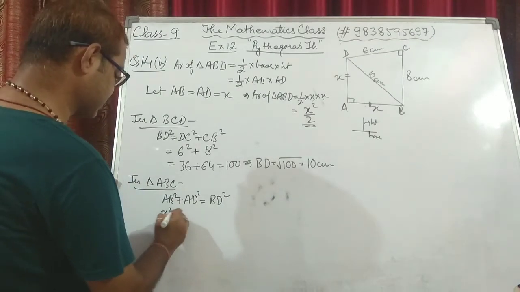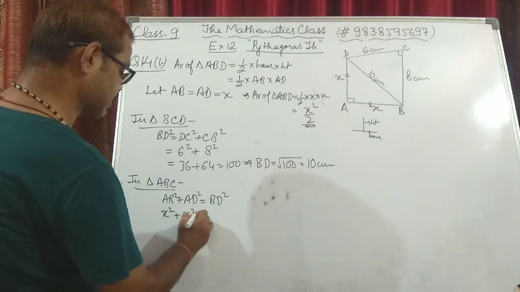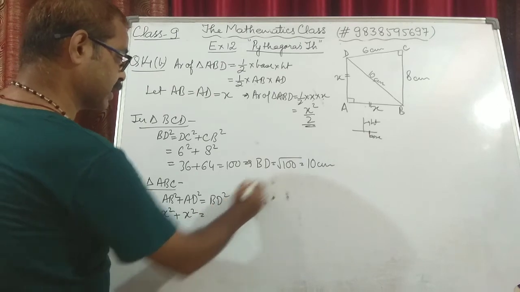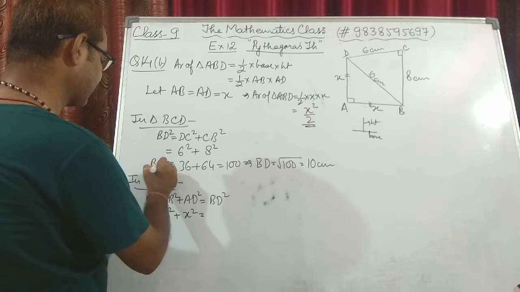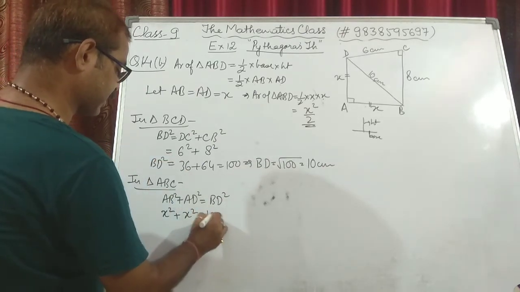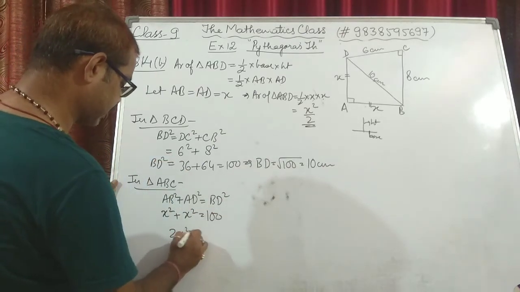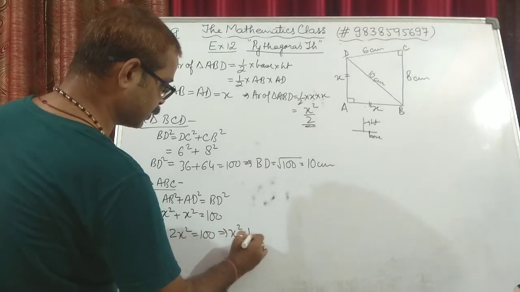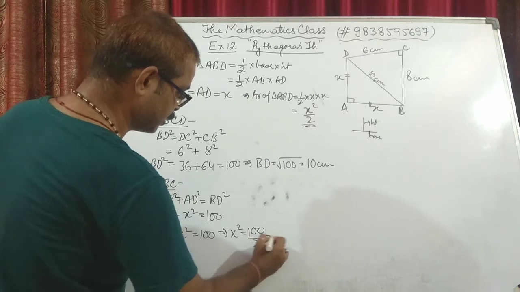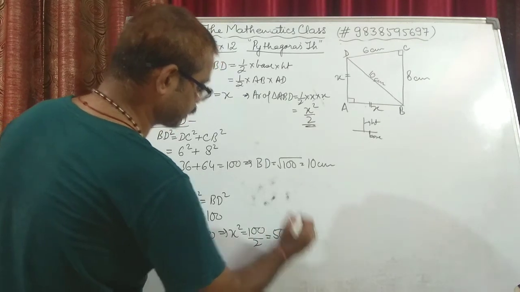AB was x, so x square. AD was also x, so x square is equal to BD square, and BD square was 100. So 2 times x square is equal to 100, which implies that x square is equal to 100 upon 2, that is 50 centimeters.